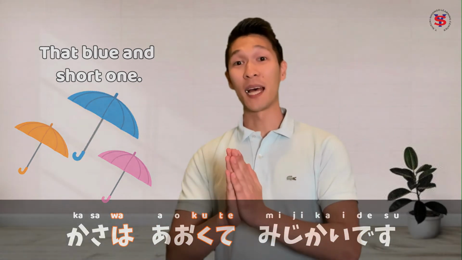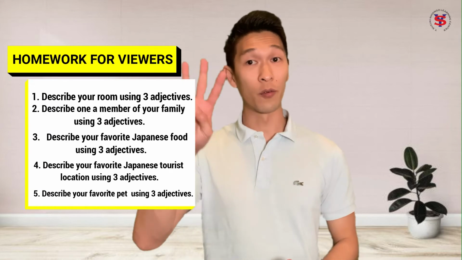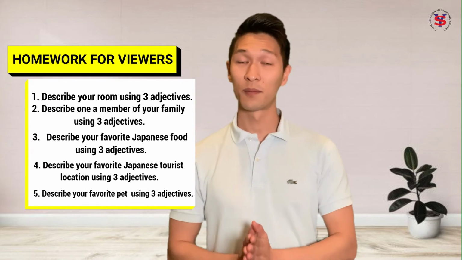Para mas kabisado natin ang paggawa ng ganitong klaseng sentences, kailangan natin itong i-practice. So, now it's time for you to try to make your own sentences. In today's practice, you will tell us something about yourself by describing the following. Number 1, describe your room using 3 or more adjectives.